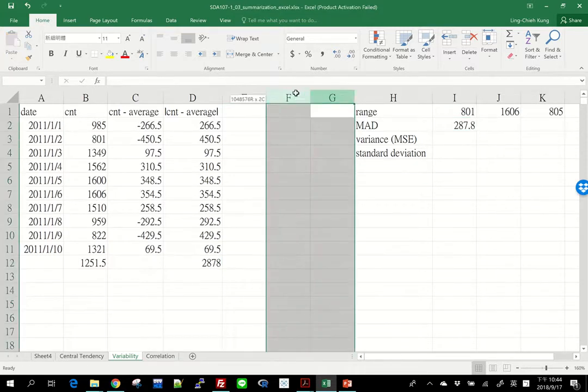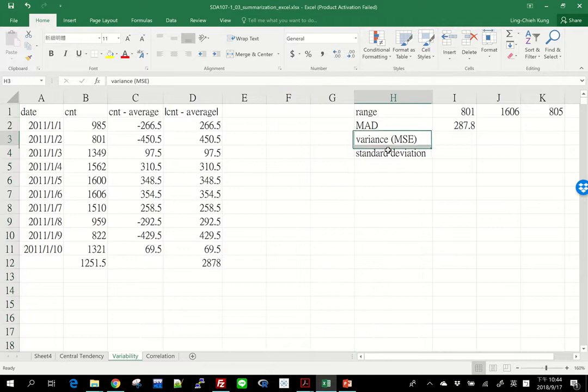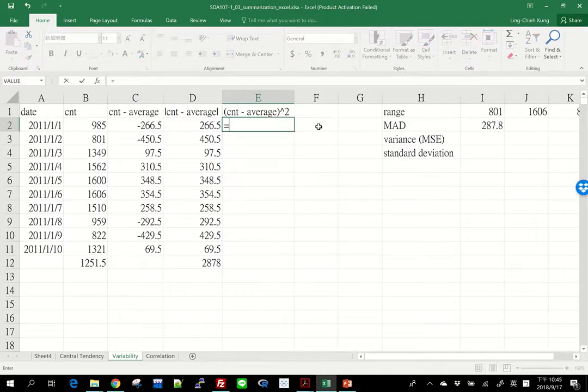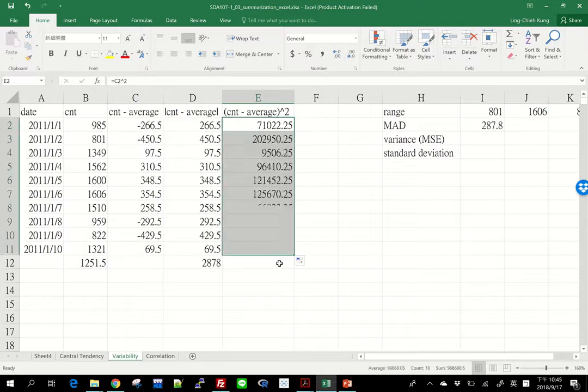Okay, that sounds good. And then how about variance or MSE? Let's try to first calculate MSE by ourselves. If that's the case, we need to take square instead of taking absolute values. So I'm going to take the deviation and then square it. Okay, I get all these values.